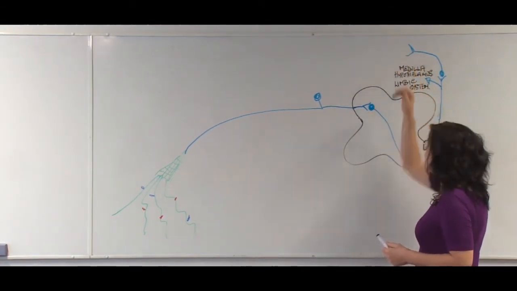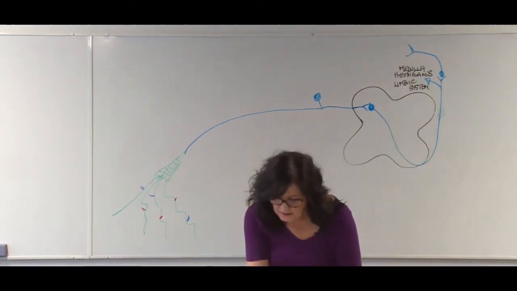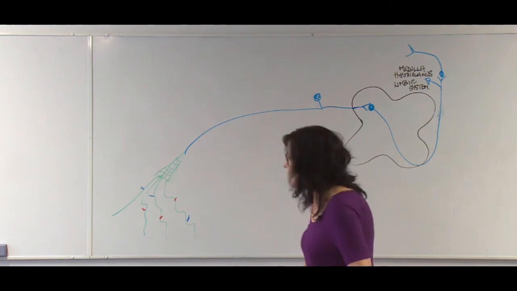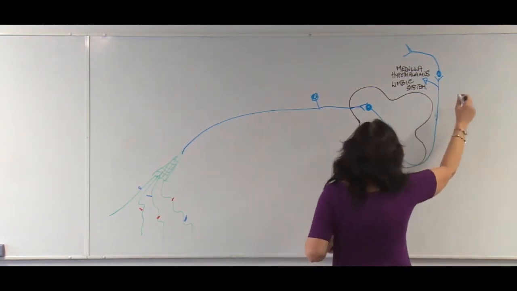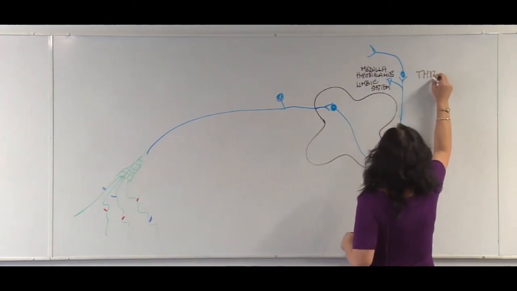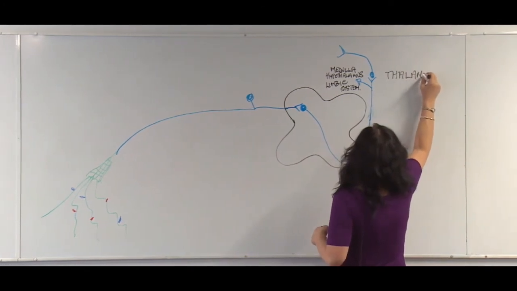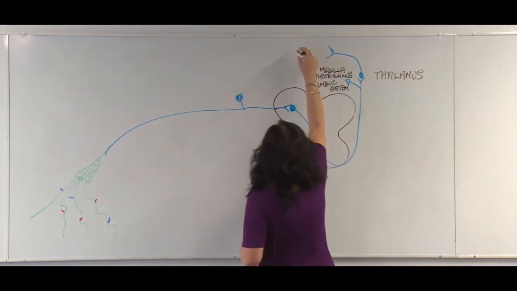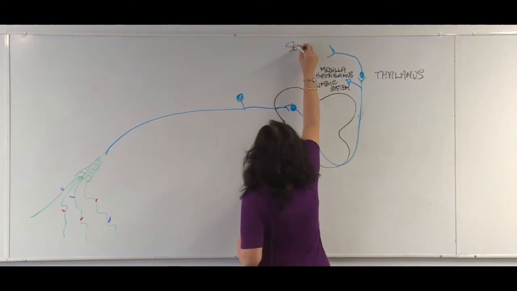Up here, we've got our sensory cortex. So here's our thalamus. This is our precortical relay point. Here's our sensory cortex.